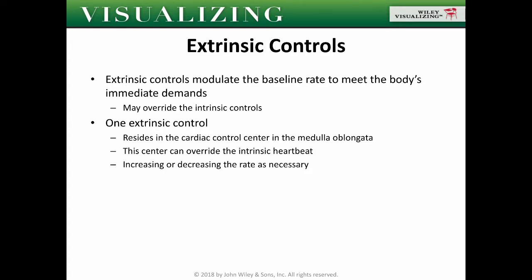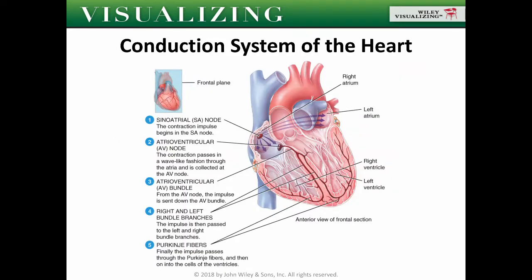These extrinsic controls are usually directives from the nervous system. Although the nervous system does not always control the heartbeat, it can influence the rate of the heartbeat.